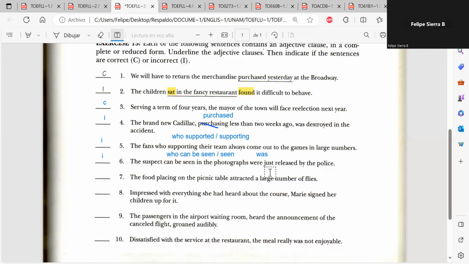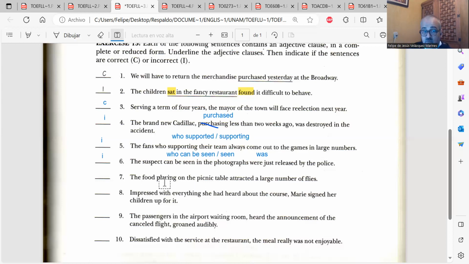The suspect can be seen in the photographs, which were just released. Anyway, there would be 2 mistakes. So what are we describing? The suspect or the photographs?